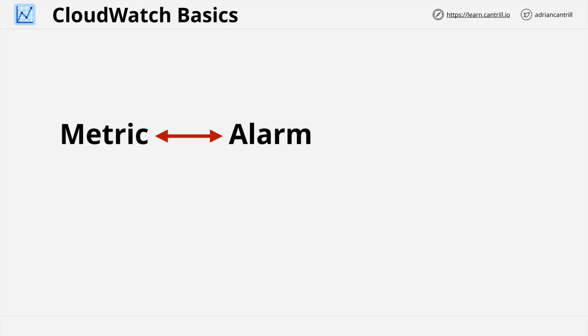So either things are okay, and that means that the criteria that you set, you deem there not to be a problem. So an alarm being in an okay state means that everything is okay. But an alarm based on the criteria that you set can also move into an alarm state. And that means that something bad has happened. It means that the metric in some way is not in a good state.